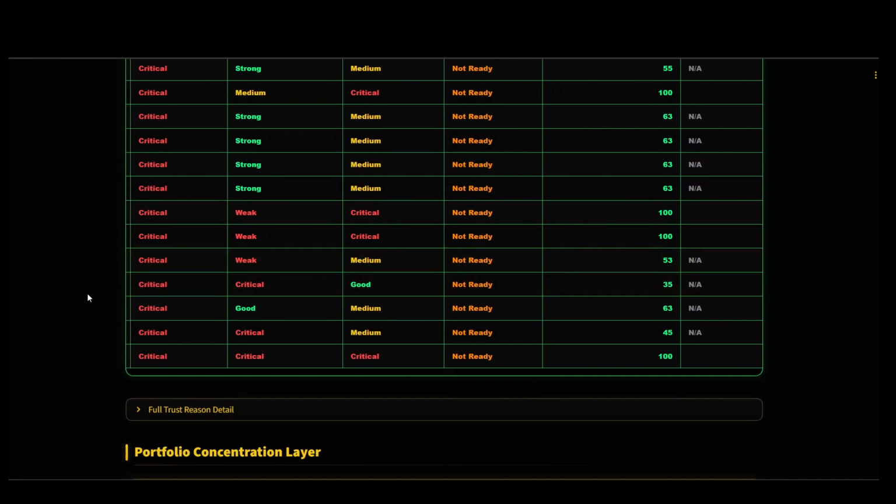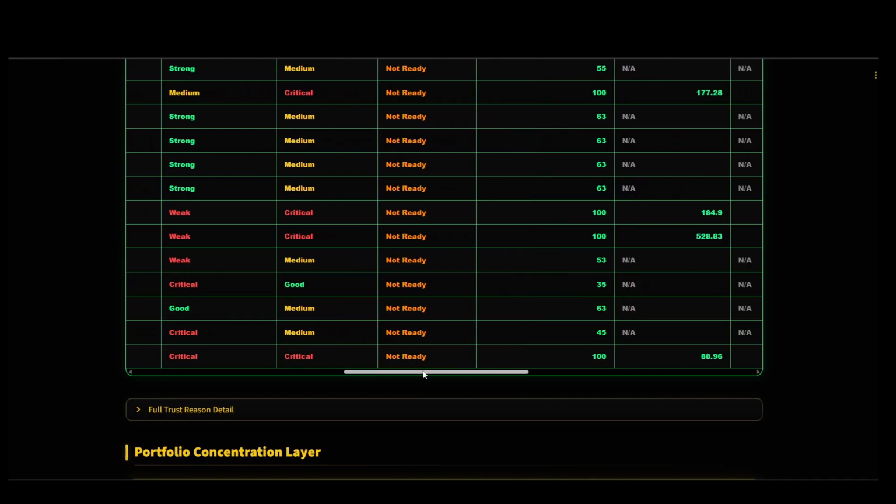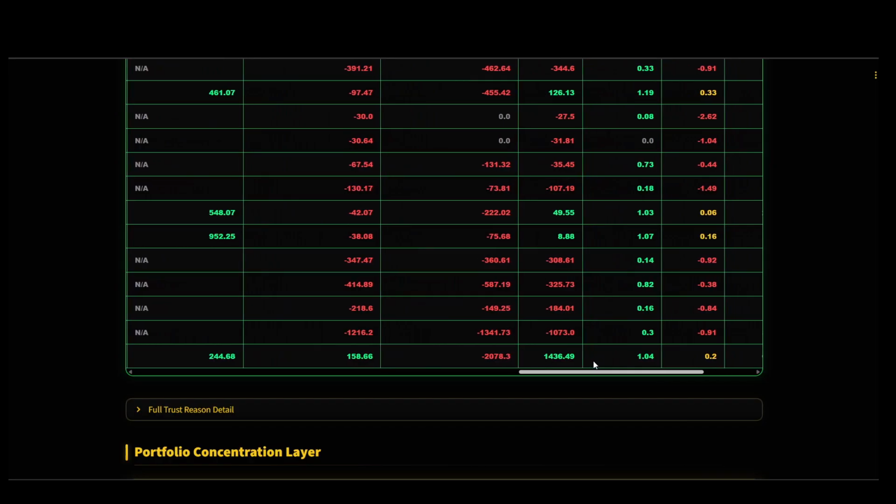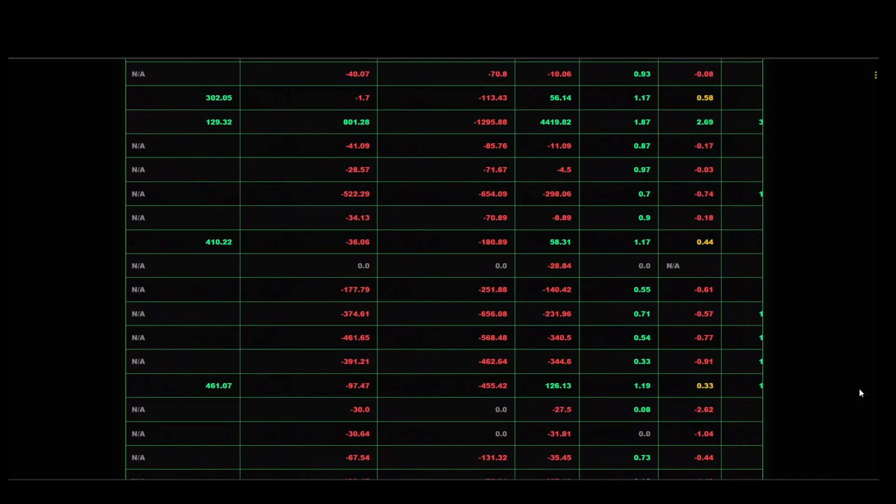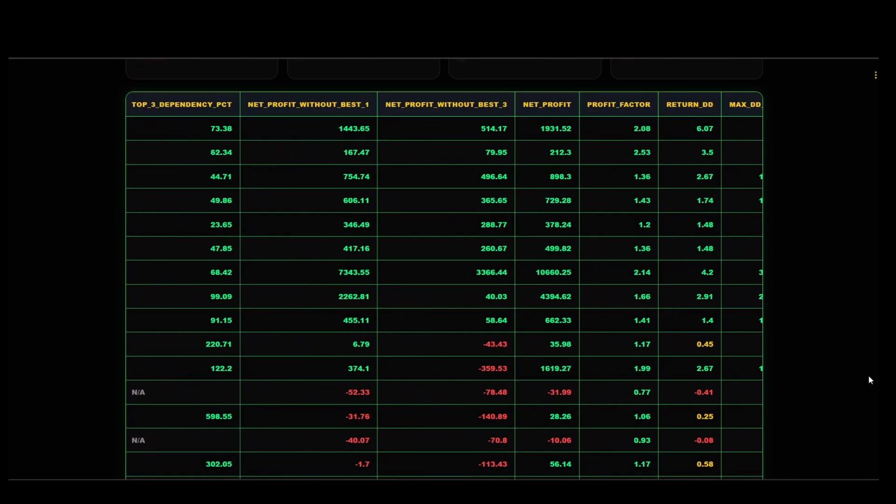Then when we continue scrolling further to the right, the final part of the table starts exposing the actual structural metrics behind those trust classifications. Now we see top 3 dependency percentage, net profit without the best trade, net profit without the best 3 trades, total net profit, profit factor, return over drawdown, maximum drawdown percentage, underwater days, and finally the total trade count.